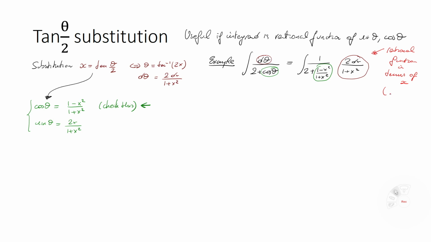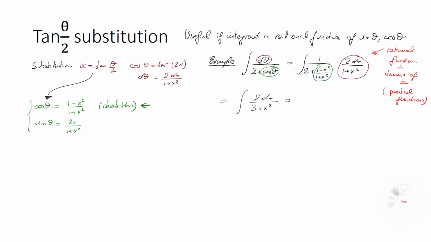And I can use my partial fraction expansion. So if I put everything on the same denominator and I simplify the 1 plus x squared, I get 2 times dx over 3 plus x squared.